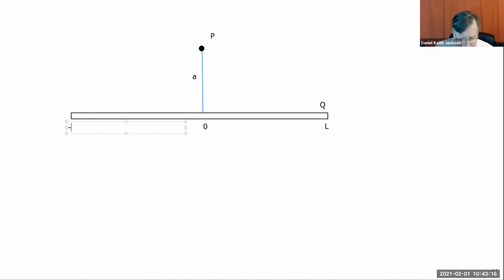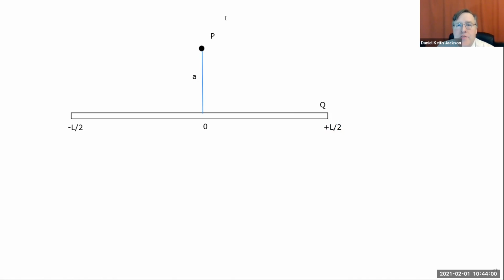And I'll make this side negative L over 2, and I'll make this side plus L over 2. Okay, so I have the beginnings of a setup.